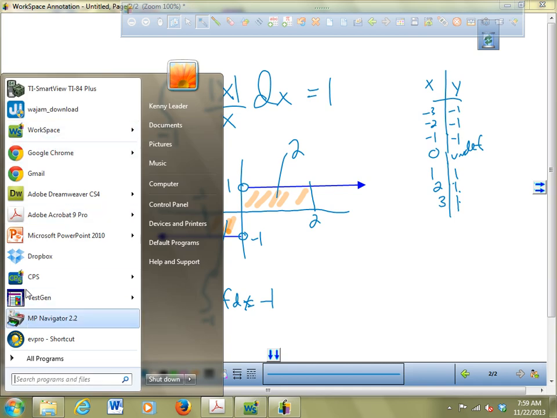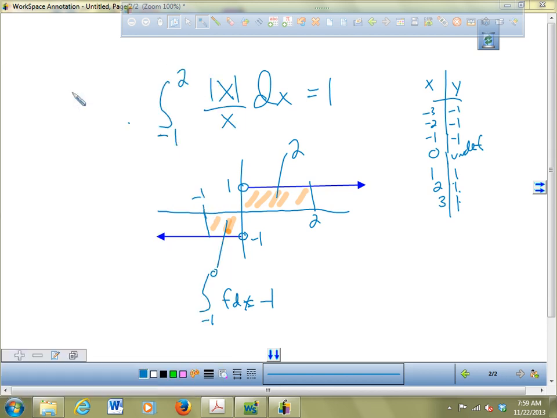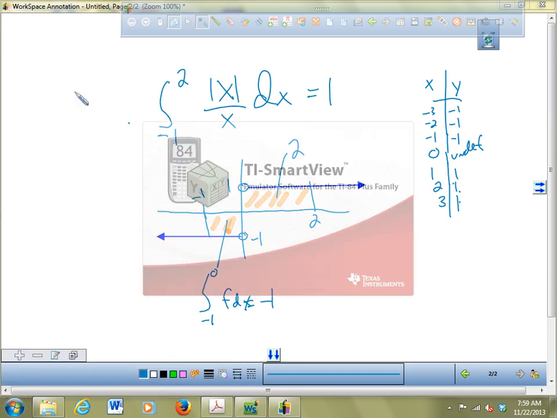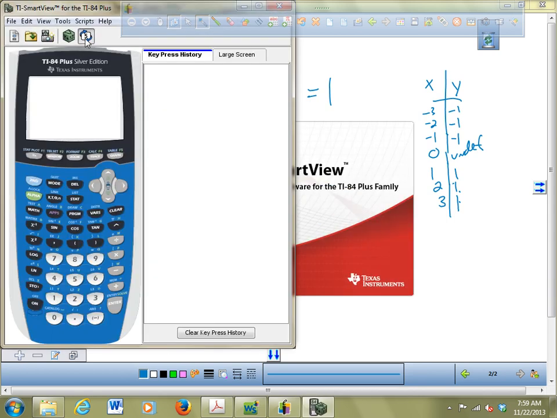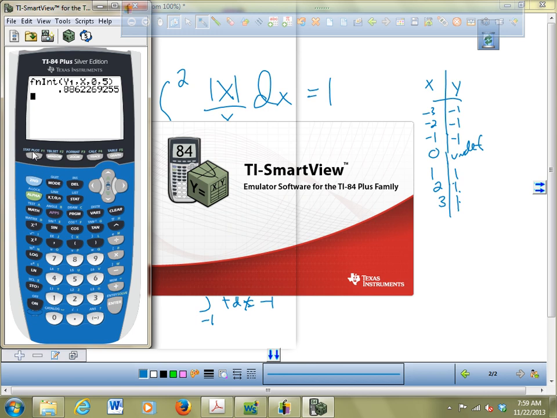But that's not the way I or someone on an AP test would ask you to do that. So if I go to y equals, and you could get the absolute value sign from math, I think. Math.